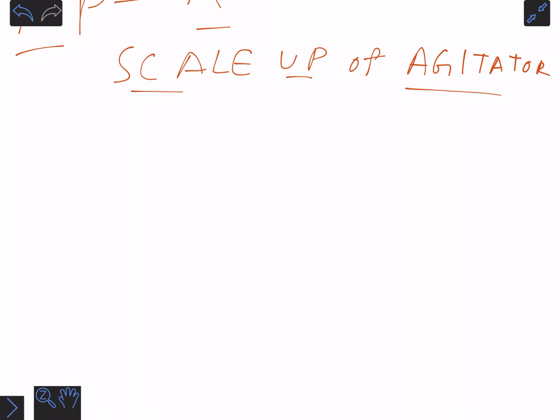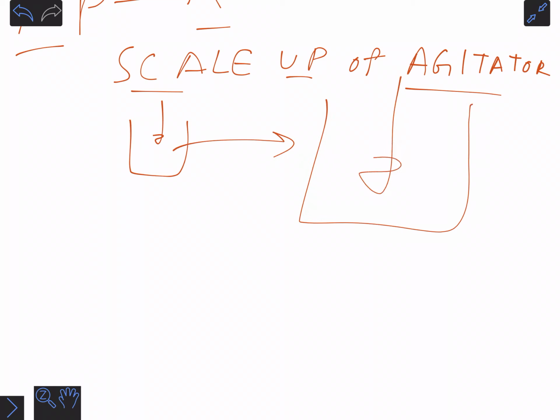So friends, how do we scale up an agitator? Scale up means, suppose this is the lab scale agitator, and we need to scale up from this lab scale to an industrial scale of similar nature. So what is the method of this scale up of an agitator?